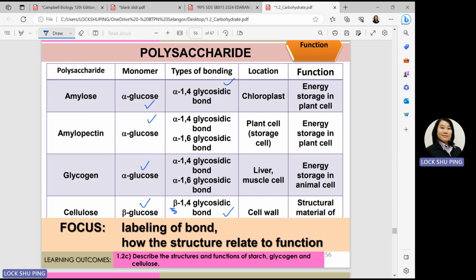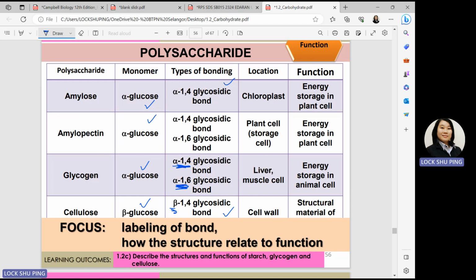But if you notice, amylopectin and glycogen are different. Instead of alpha 1,4 glycosidic bonds only, they also form alpha 1,6 glycosidic bonds. Where does the alpha 1,6 bond come from? That will be in our next discussion.